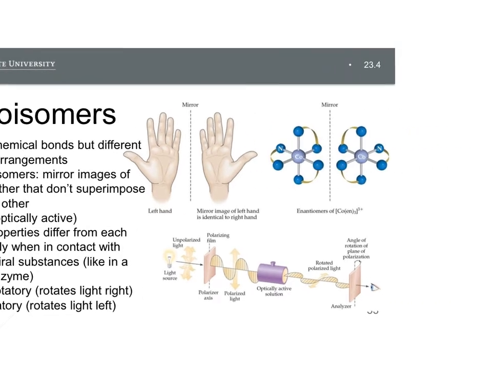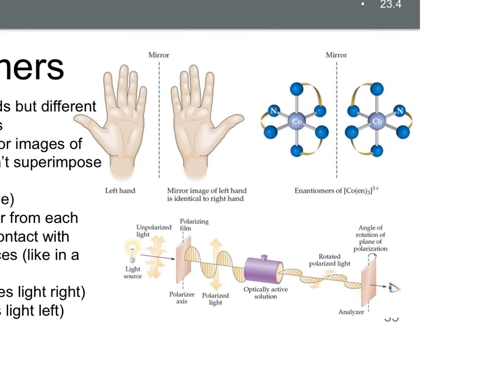Okay. There are a number of different enantiomers. You could have so many of these. This is a set of enantiomers of cobalt with the ethylene diamine ligand.